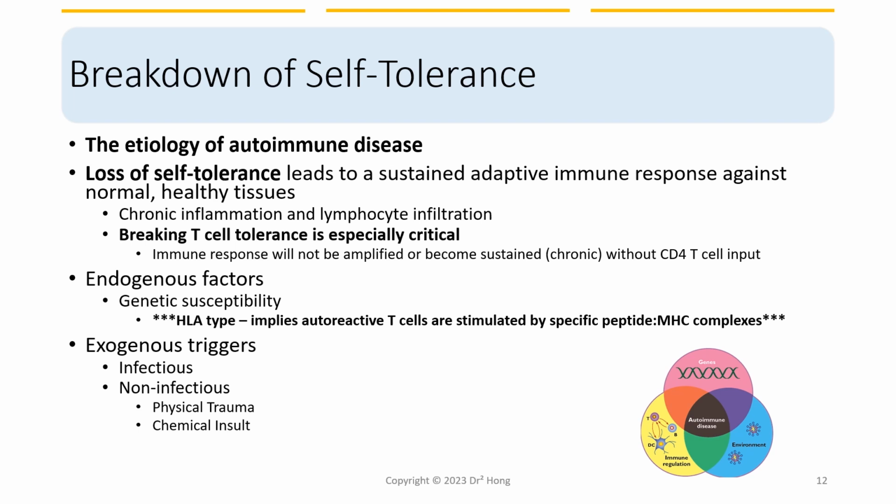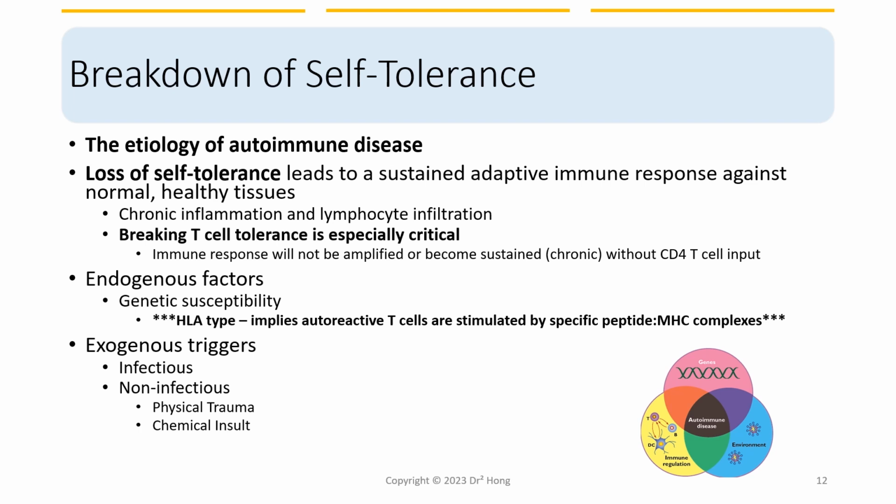Now, the key is that a breakdown in T cell or B cell tolerance is particularly important, because without the CD4 T cells' help to activate the B cells, subsequent differentiation into plasma cells and secretion of antibodies, the response would not be sustained or amplified.